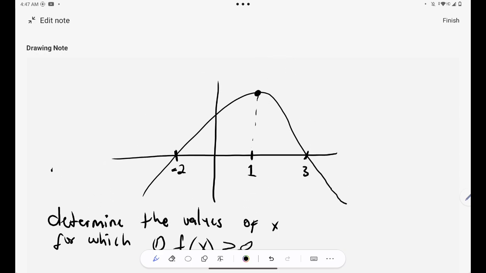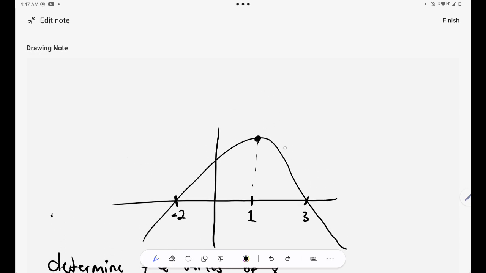Okay, please note guys, this graph represents f of x. Are we together? Okay, f of x is the same as y.